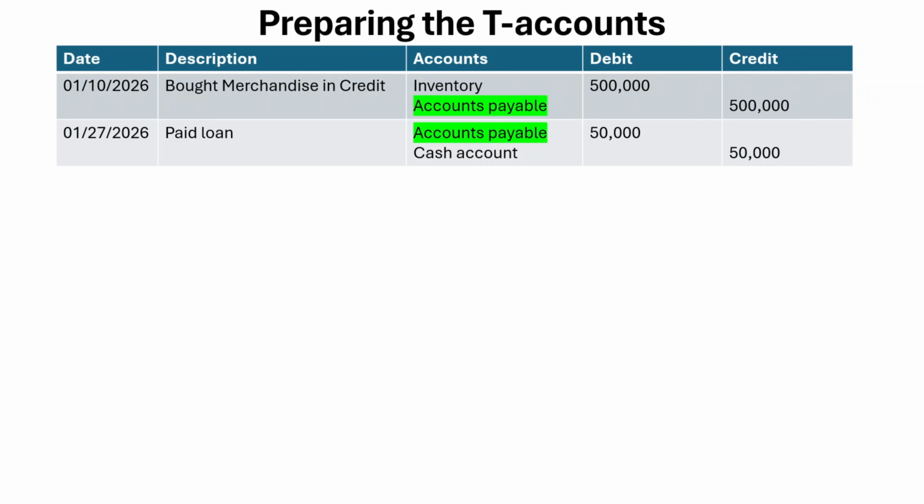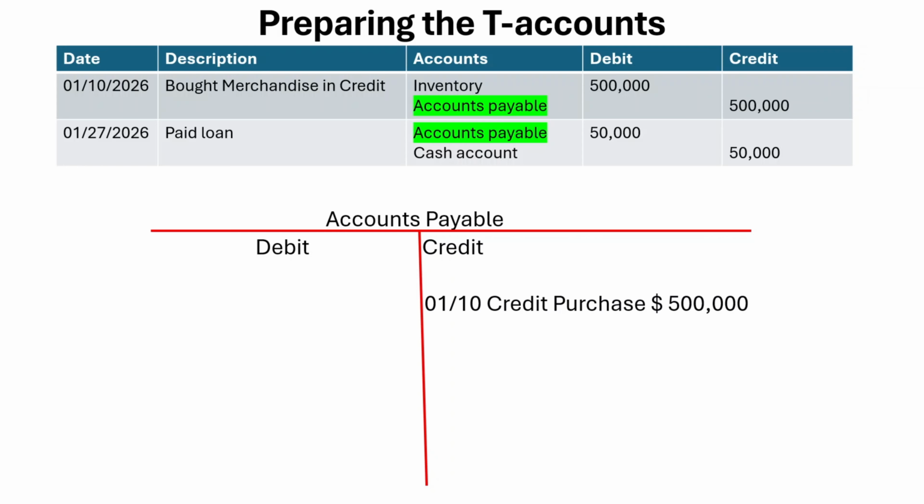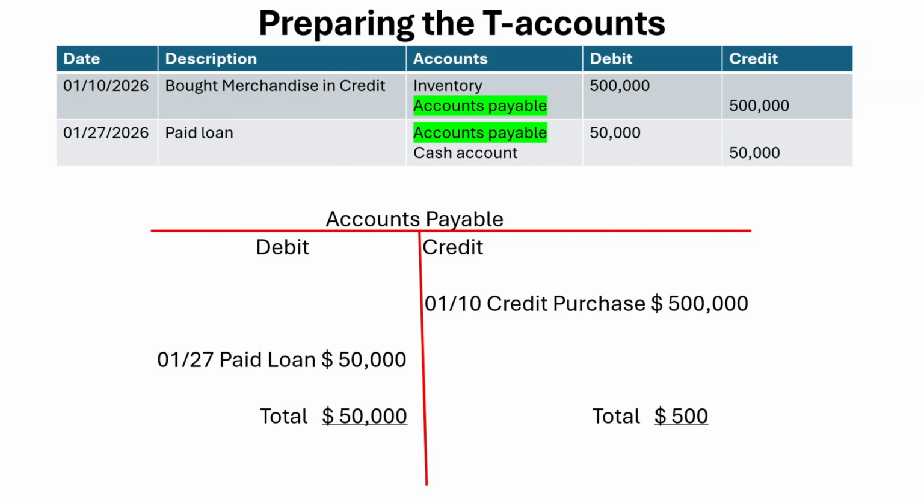Let us move along to the next journal entry about accounts payable. Our accounts payable, we have the debit and credit side on the T account. We have recordings on the credit where we have purchases of 500,000 on the 10th of January. Then there was payment of that loan for 50,000 on the 27th. The total on the debit is 50,000.